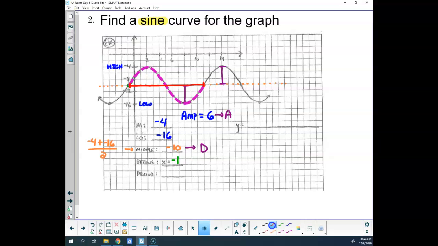Well, that's 1, 2, 3, 4, 5, 6, 7, 8, 9, 10, 11, 12. That tells me that my period here is 12.